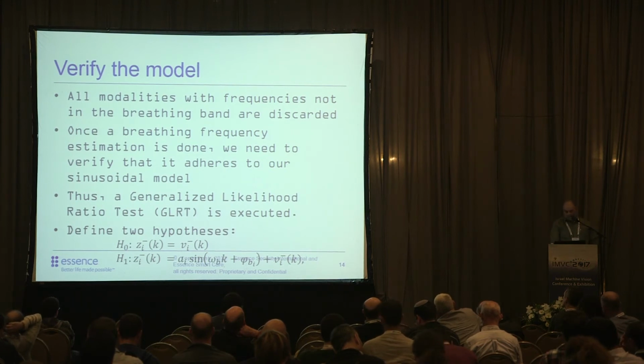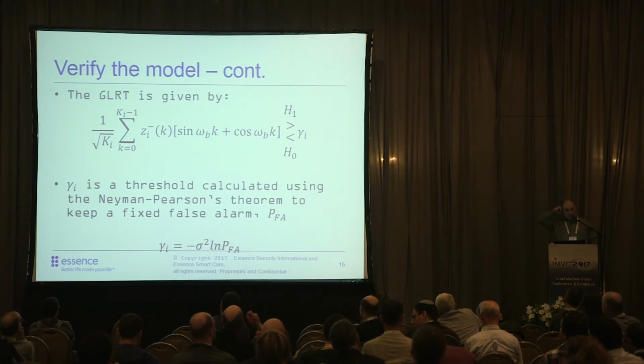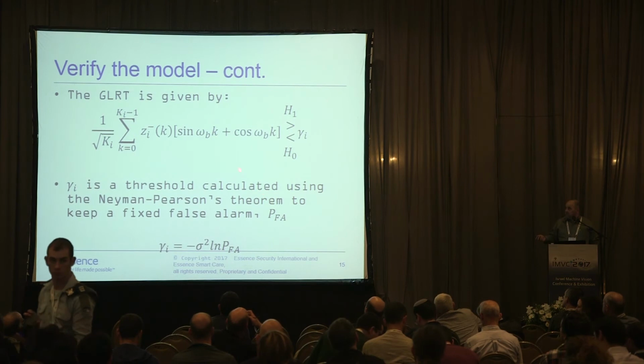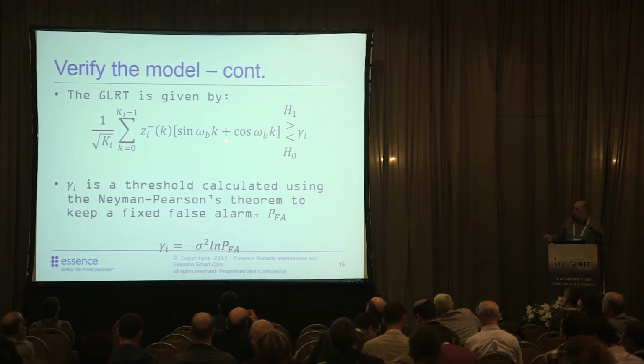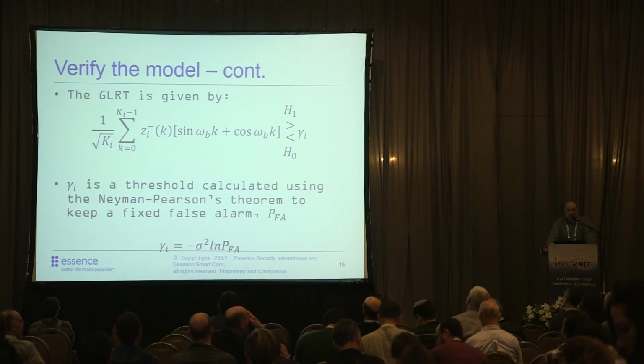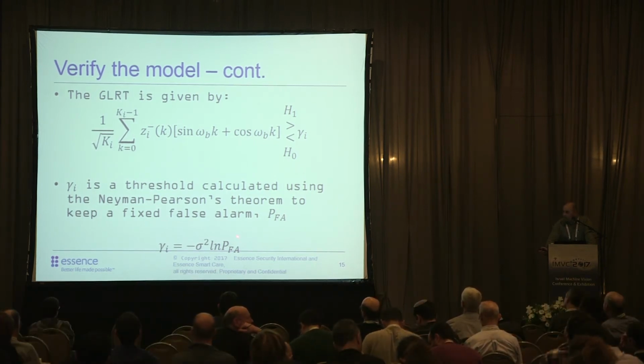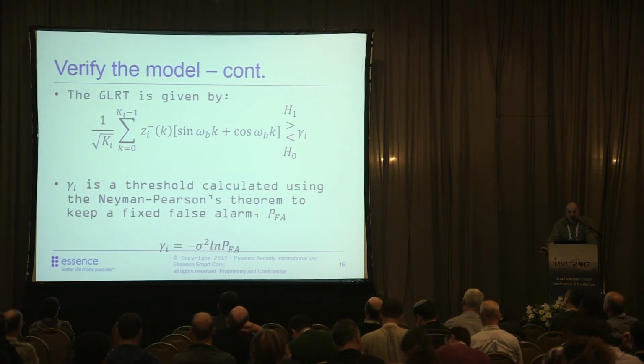The GLRT is given in closed form and is very intuitively understood as a correlation between our observed signal and a sinusoid and a cosinusoid. This is compared against a threshold, chosen such that we keep a constant false alarm rate, and it's also given nicely here.